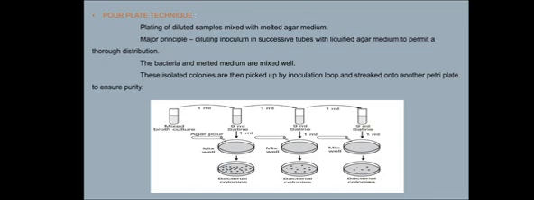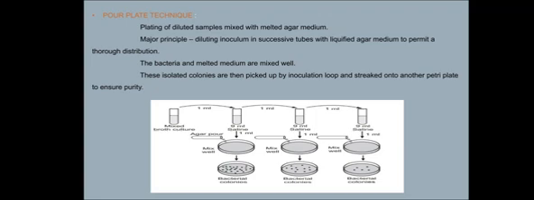And now the methods of isolation. There are several methods carried out to isolate a single pure culture, a single type of species. Those are the pour plate technique, spread plate technique, and streak plate technique.